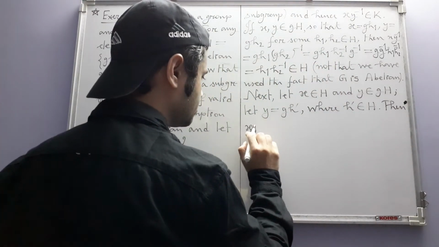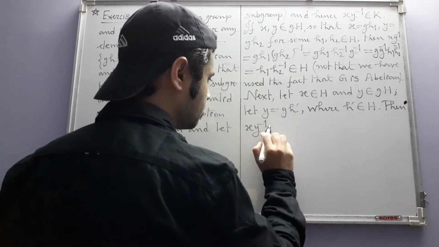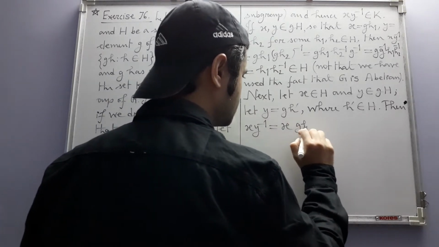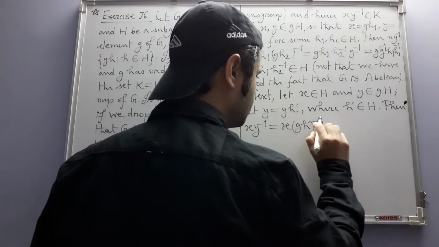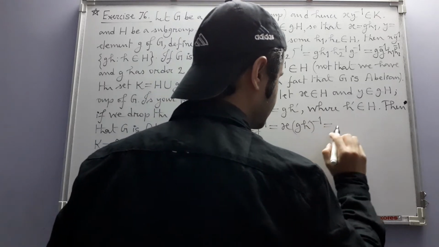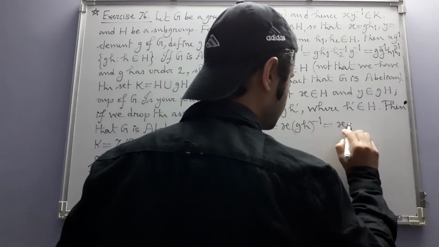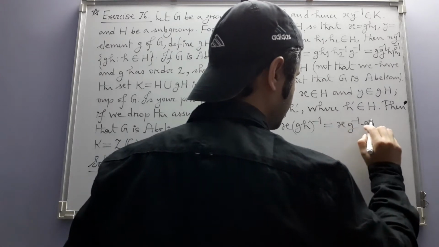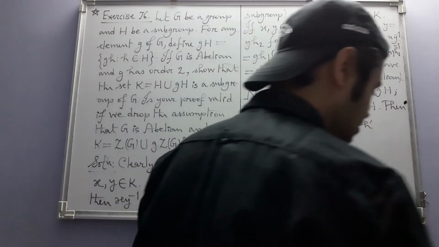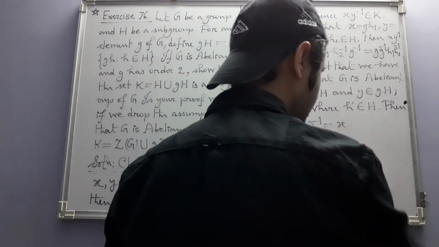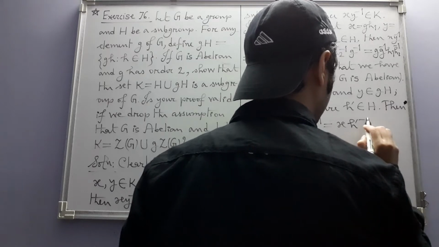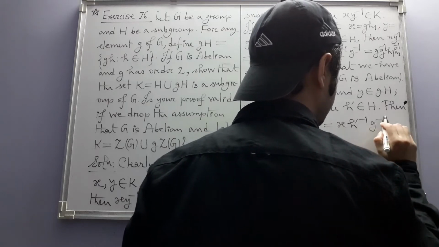Then xy inverse becomes x (gh') inverse, that is equal to x g inverse h' inverse. No, it won't be in this order, it will be in the reverse order: x h' inverse g inverse.